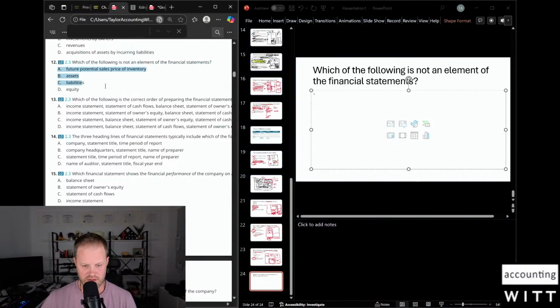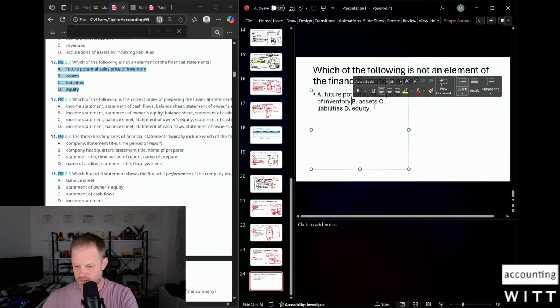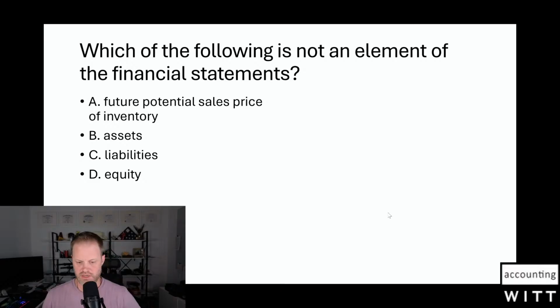This could be interesting. So the financial statements, there's the 4 financial statements that everyone likes to talk about, which I need to think of a graphic.